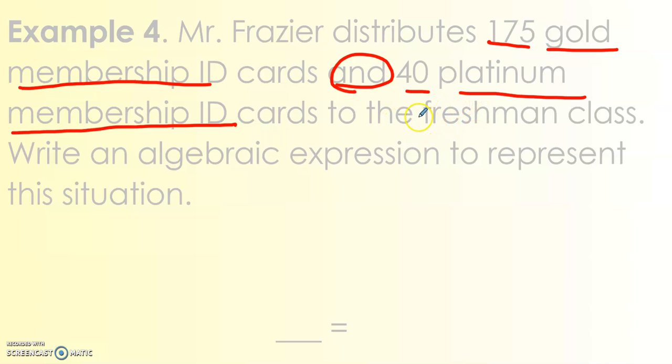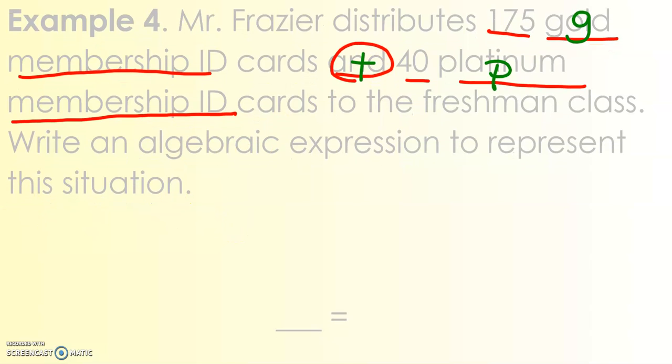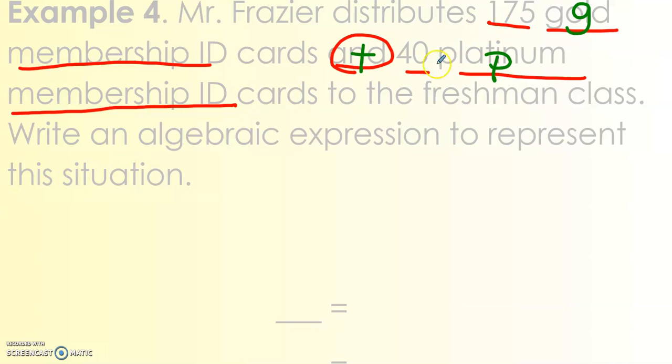All right, so before I can get started, I need to know what these gold membership and platinum membership are, I need to have something mathematical to represent them. And we know a variable can represent anything unknown. So I'm going to start with that gold and give it the variable G, and then the platinum and give it the variable P. I also know that this word and here is telling me that I'm going to be adding something. Now, what we're going to do next is define our two variables.